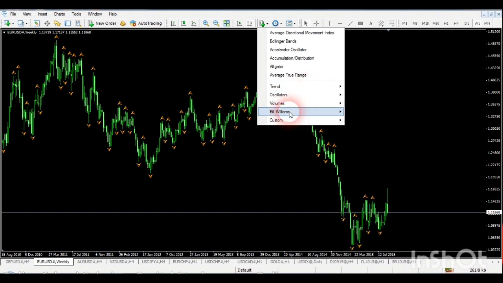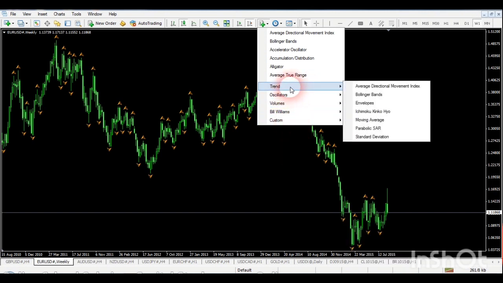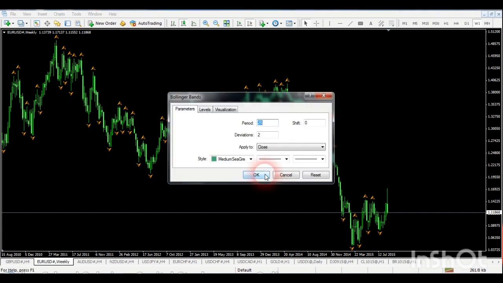Usually each indicator has its own use. The first indicator is trend. When you open the trend bar, it shows you the indicators related to trend. One that I use is bands.